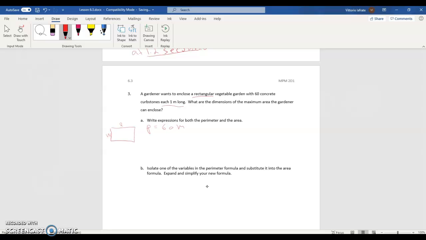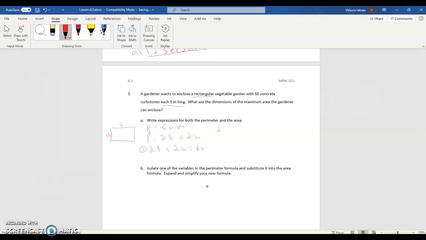And what we know for sure is that when you add all the sides up, the perimeter is going to be equal to 2L plus 2W, that's going to be equal to 60. So 2L plus 2W is equal to 60. And this is equation, let's call it 1.